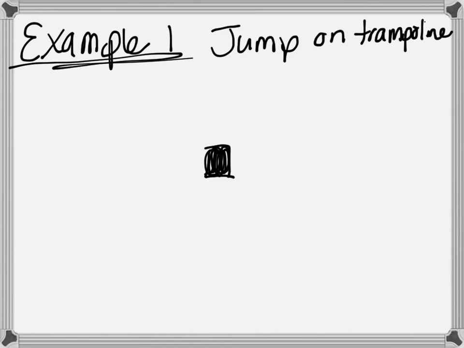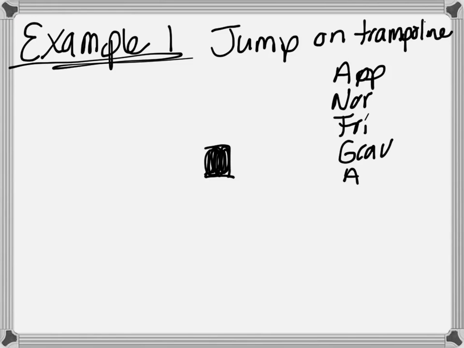Now you have to figure out which of the five, four, or even six forces I went over apply. You've got applied, normal force, friction, gravity, and air resistance. And for the heck of it, we'll just throw in tension. What forces do you think are happening here, and which directions are they going?